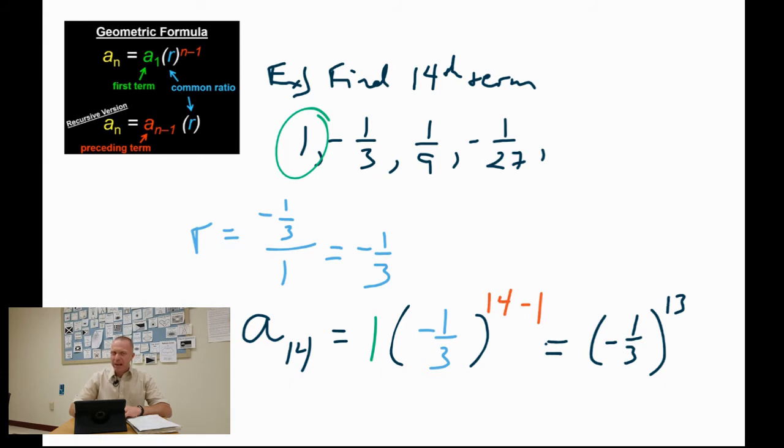Now, before you put that in your calculator, let's think a little bit about what happens if I take negative 1/3 to the 13th power. First of all, it's going to be an odd number of negative numbers, right? So it's going to come out negative. Second of all, it's going to be a large denominator, like 3 to the 13th power. Again, if you put that in your calculator, you're just going to get some messy scientific notation.